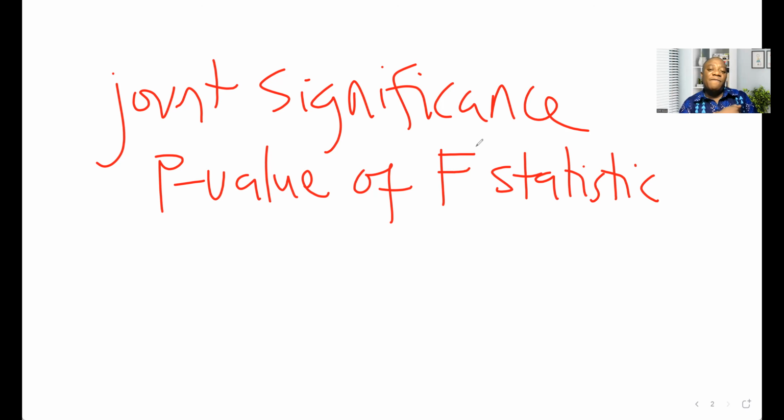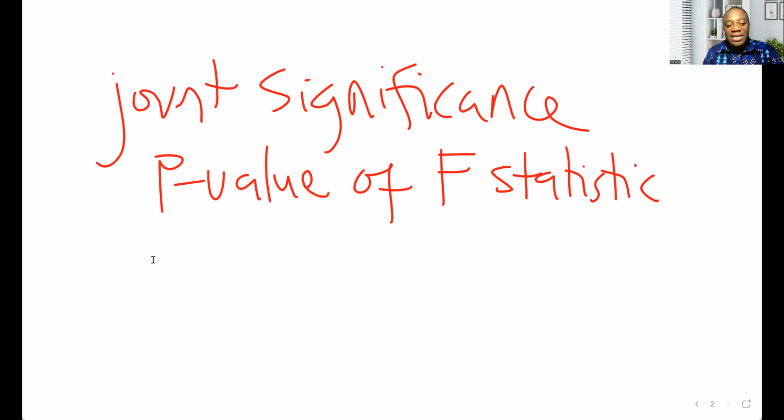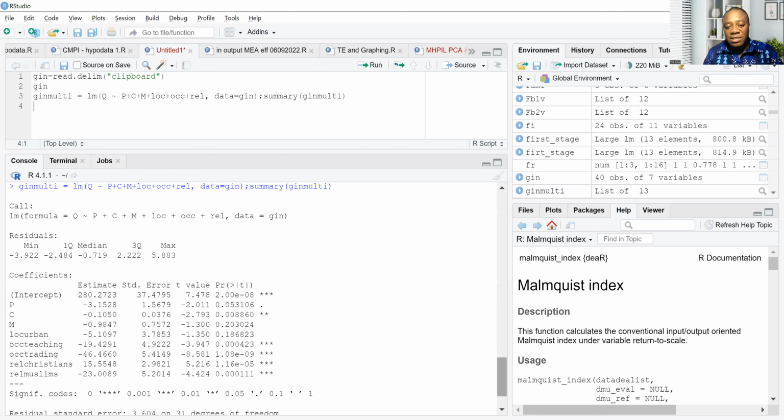That will tell you whether the coefficients are jointly, collectively significant. You see, a particular coefficient may be significant, another coefficient may not be significant, but when you put all of them together, are they jointly significant? The p-value of the F statistic will tell you that. So you need to go to the table and identify the p-value of the F statistic.